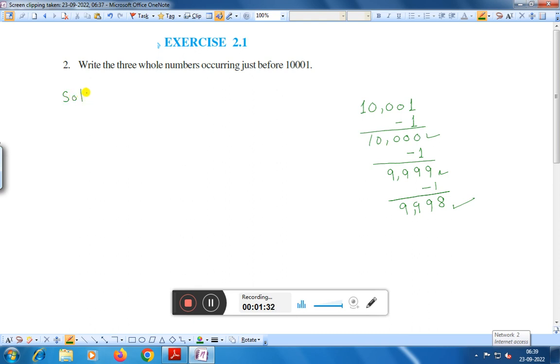The question is, write three whole numbers occurring just before 10,001.